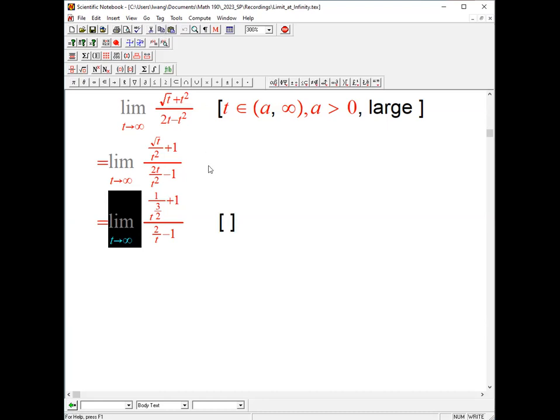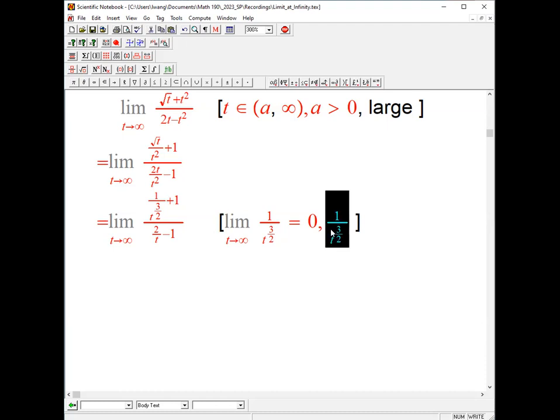So as t approaching infinity, 1 over t to the power of 3 half, that's 0, right? When t is approaching infinity, this is 2 over t, right? Limit of 2 over t. And that's 0 as well.